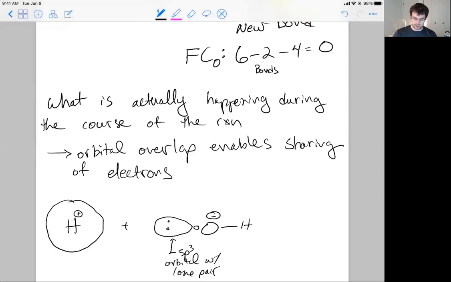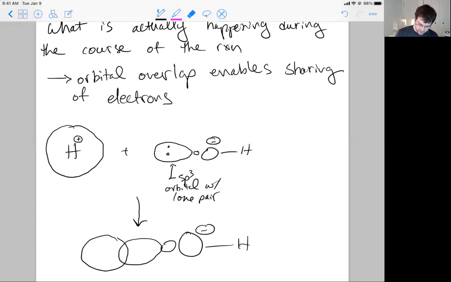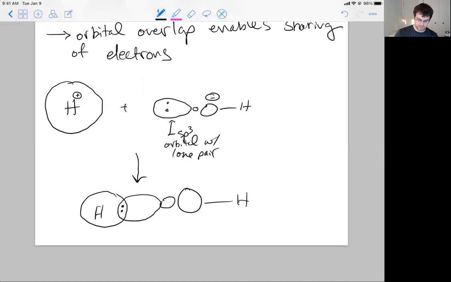And then what we're going to do is let those 2 engage each other to form a molecular orbital when we see overlap of the oxygen atom. Now it's no longer negatively charged because the electrons that were once a lone pair are now shared between the hydrogen and the oxygen.